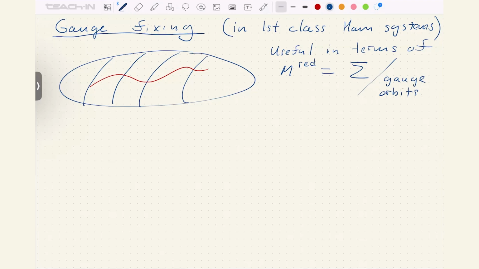So equivalence relation, so we take a quotient of sigma by the equivalence relation. Two points are equivalent if they belong to the same gauge orbit.